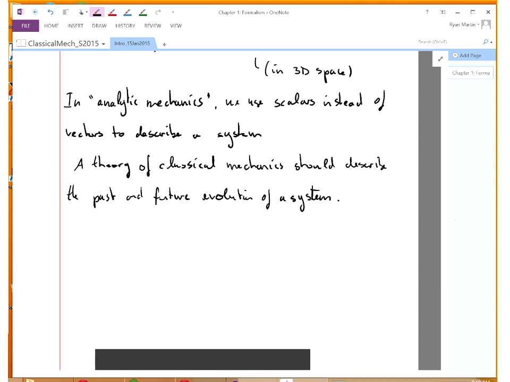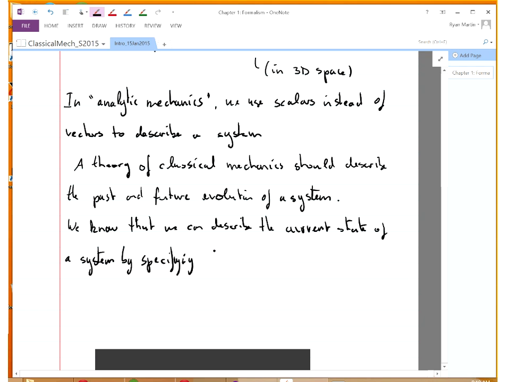So we know that we can describe the current state of a system by specifying all of the coordinates of all of the particles.